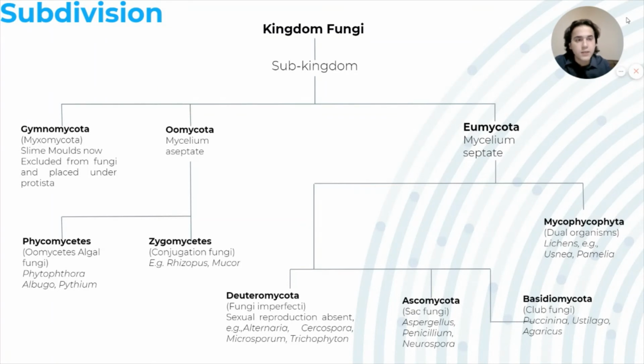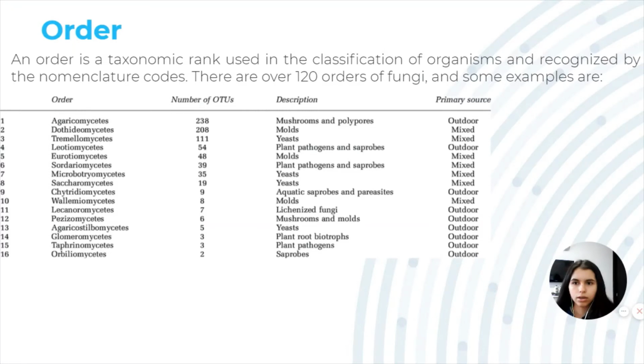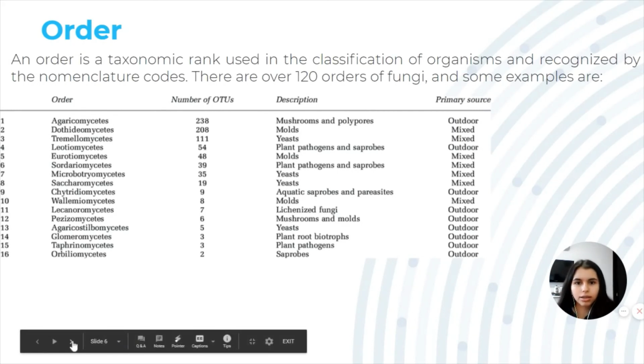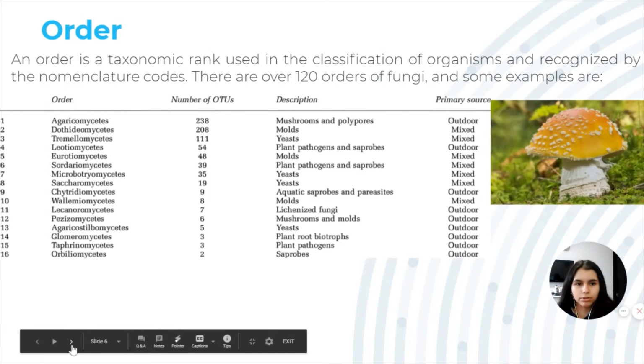We'll now pass to Grecia, talking about the different orders in the classification of the fungi kingdom. Thank you. An order is a taxonomic rank used in the classification of organisms and recognized by the nomenclature codes. There are over 120 orders of fungi, and I'm going to show you some examples. The first example is the Agaricomycetes, which look like mushrooms and polypores.